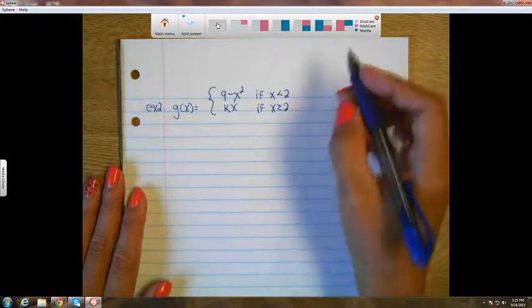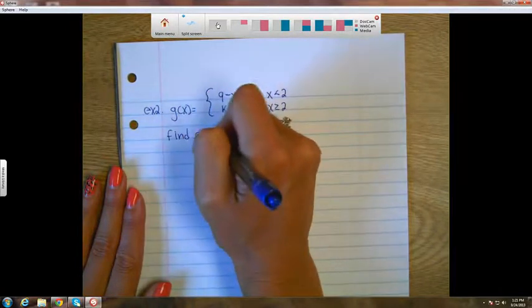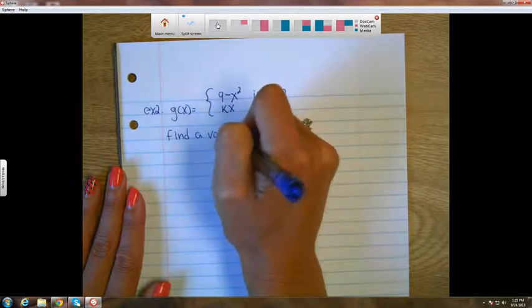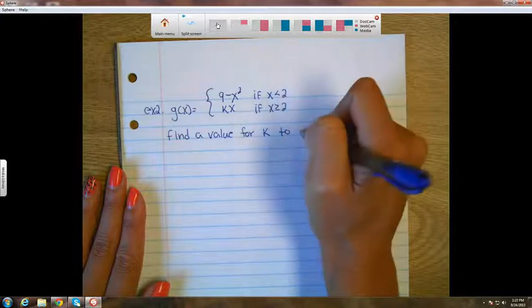Your goal is to find a value for k to make g of x continuous.